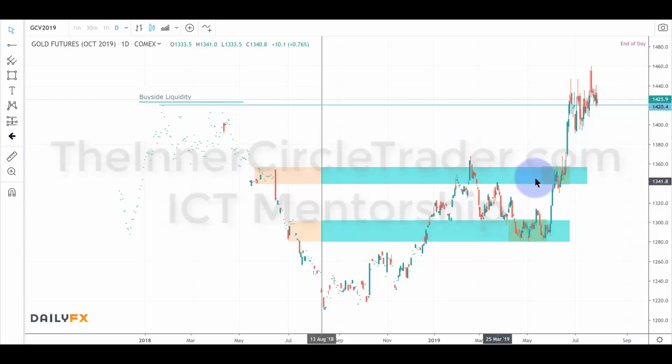So this is what we have for the gold market, and to me, I think it's a testimony to what we have already shown multiple times with the market maker buy model, with price action, how price is delivered. And it's also a convincing factor for me when I was coming up and understanding how price is delivered.